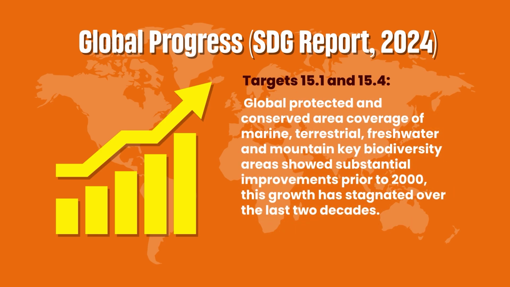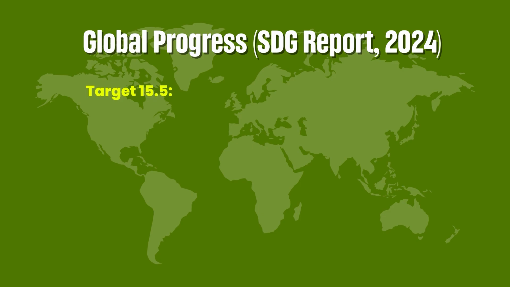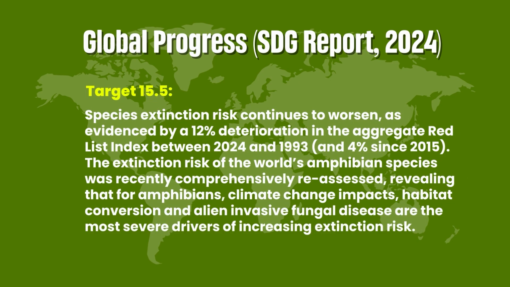At the same time, when you look at global protected and conserved area coverage of marine, terrestrial, freshwater and mountain key biodiversity areas, it showed substantial improvement from prior to 2000 till now, right. In the same way, when we look into species extinction risk, as per the data we looked at a few minutes back, it is also worsening. So, we need to progress well.